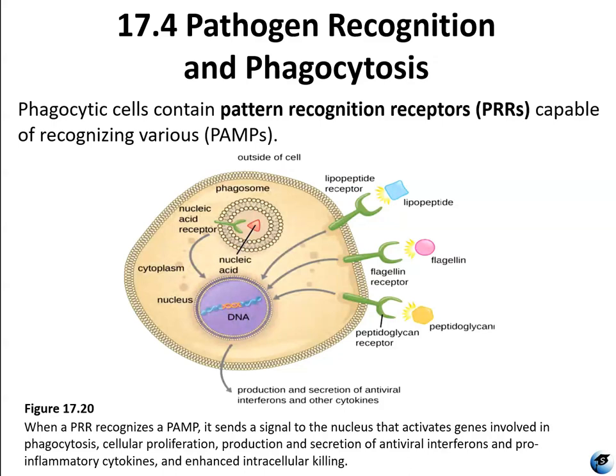And when the PRR recognizes a PAMP, it sends a signal to the nucleus that activates phagocytosis and cell proliferation and production and secretion of antiviral interferons, pro-inflammatory cytokines, and the NK, the natural killer cells.